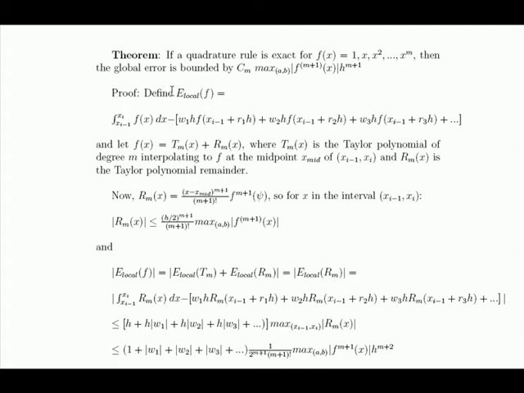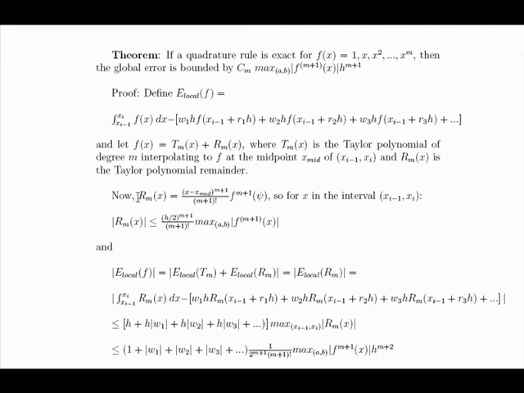For the proof of the theorem, we define the local error to be the integral of f over the little strip minus the quadrature rule's approximation. This is the approximation of that integral. So this is the local error. Then we write f as a Taylor polynomial of degree m plus the remainder term, where Tm is the Taylor polynomial of degree m interpolating at, say, the midpoint of the interval, and Rm is the Taylor polynomial remainder.